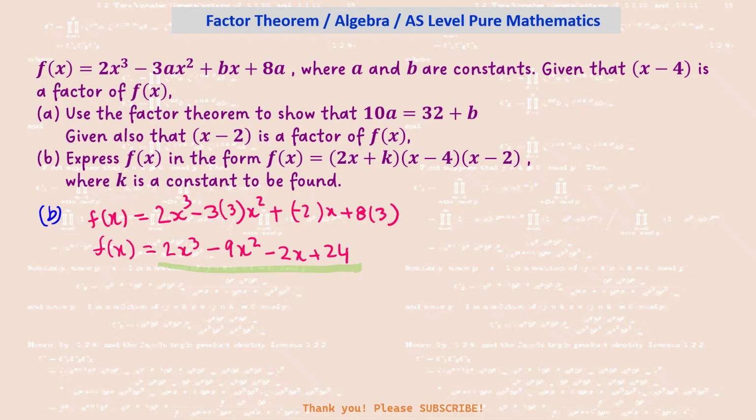Now for this equation, the product of x minus 2 and x minus 4 would be a factor.